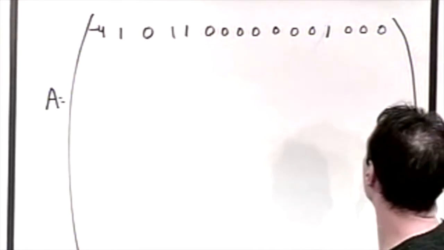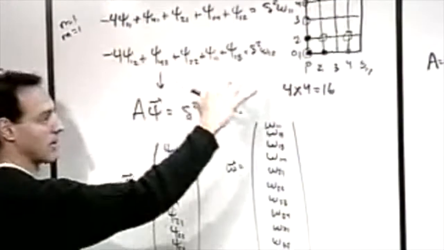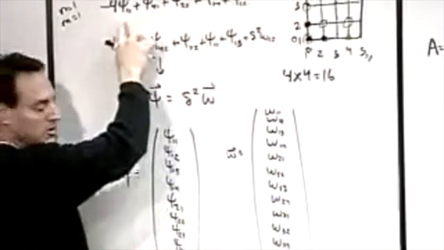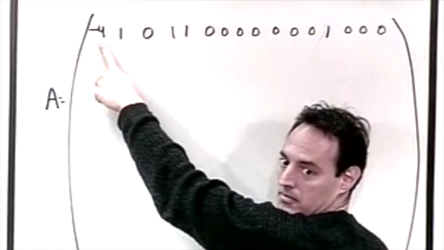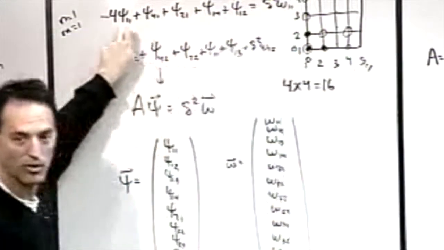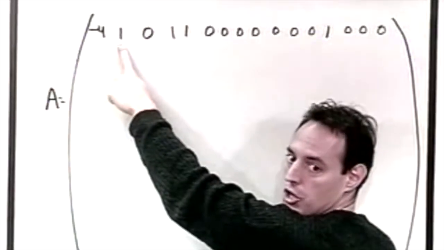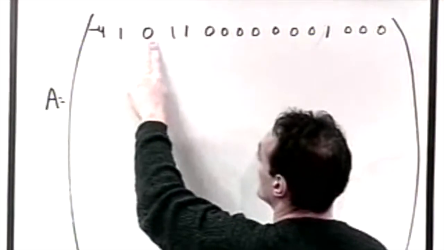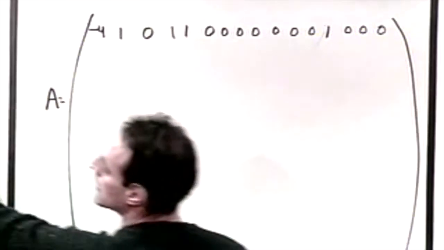Does it make sense? I'm taking this matrix and multiplying it by this vector. So let's take this vector, think about laying it right on top of that, and see if it reproduces this equation here. So you take this thing, lay it over here. Well, this -4 multiplies psi 1,1. Well, I do have -4 psi 1,1. That's good. Then I have 1 times psi 1,2. I have one of those over there, too. 0 that, and then I have 1 times psi 1,4.